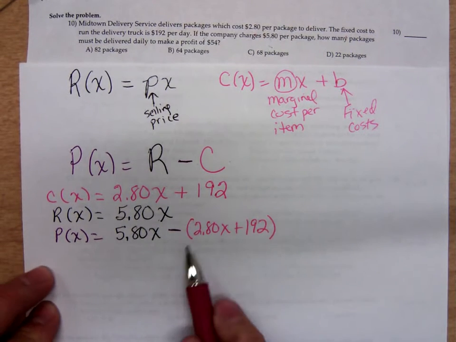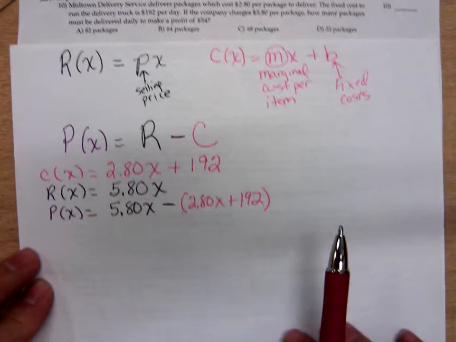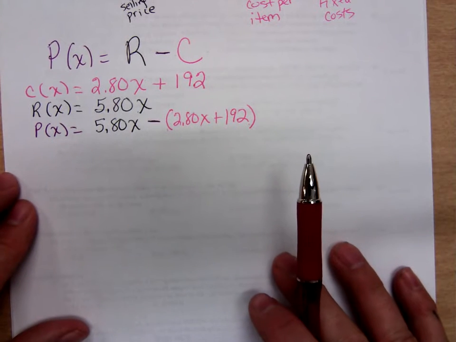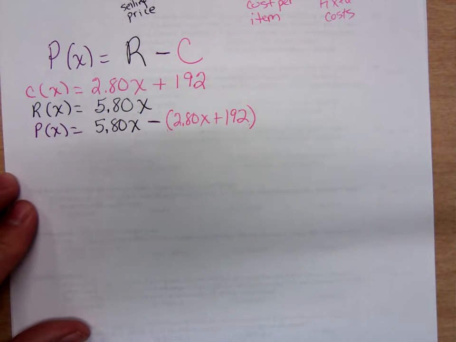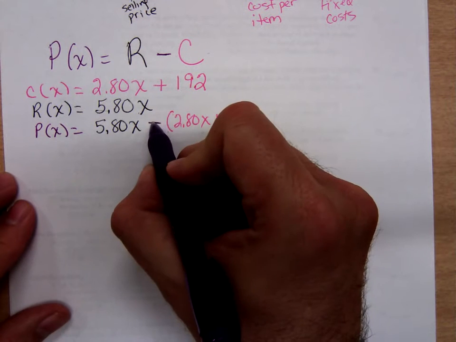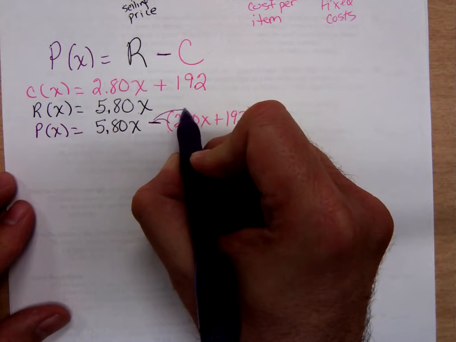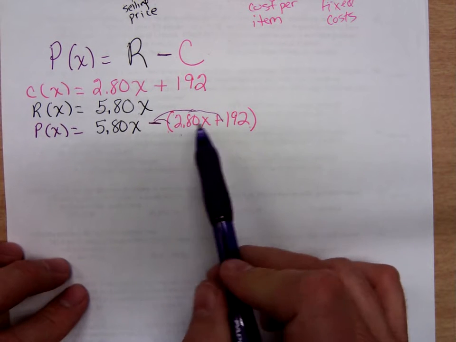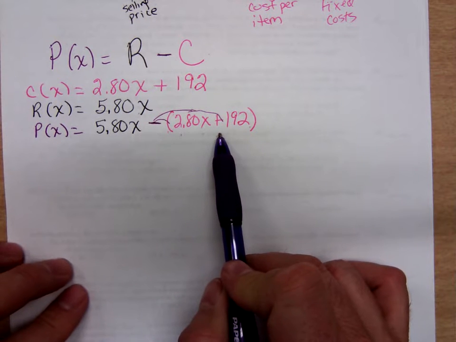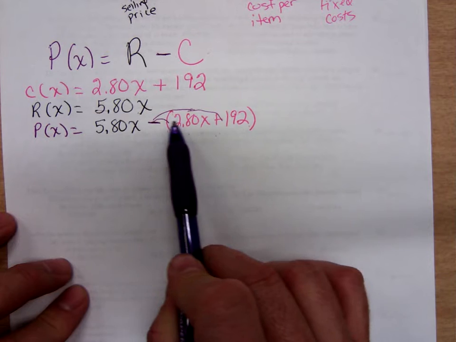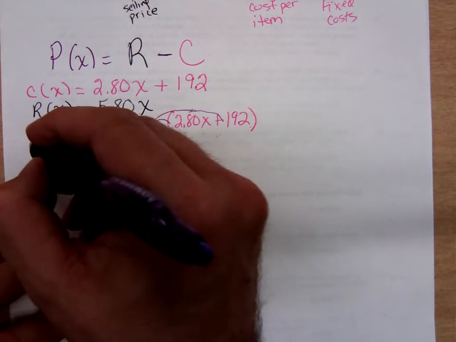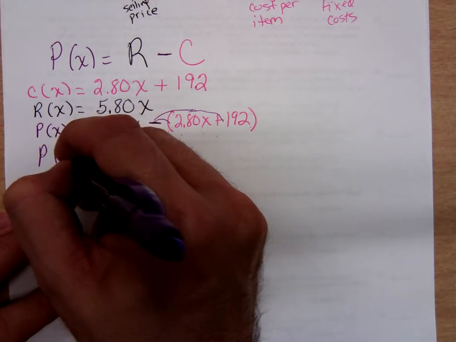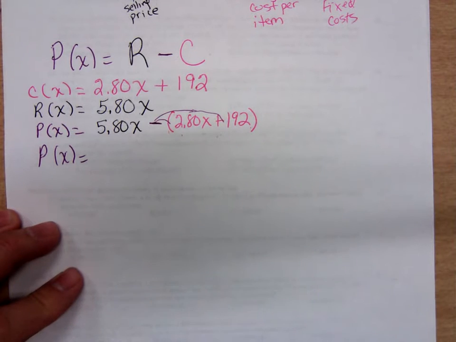Notice the way I put that in parentheses. Let me lift this up. Because we need to distribute this minus here. You want to subtract all of these costs, not just the marginal cost. You need to subtract the fixed costs also. So distribute this minus.